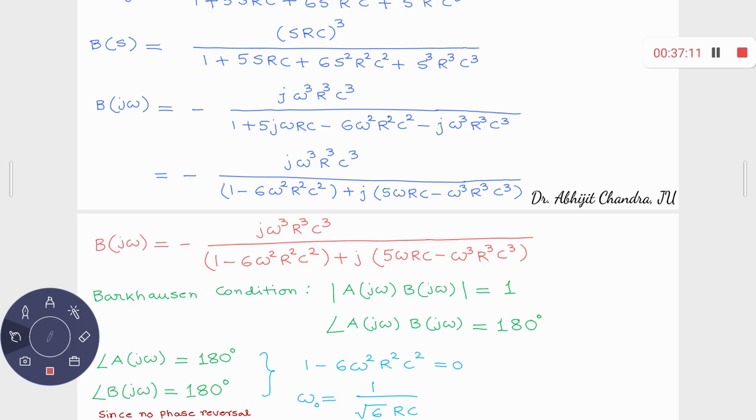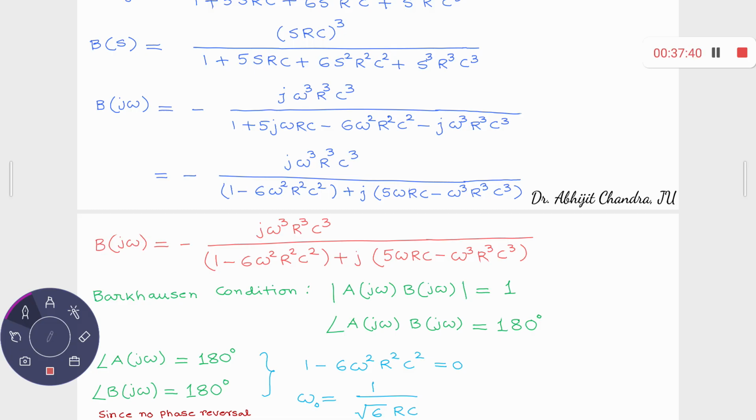Now you know the condition that has to be satisfied is that the loop gain L of S is equal to minus 1. What is this B of j omega that you have got, minus this entire thing.